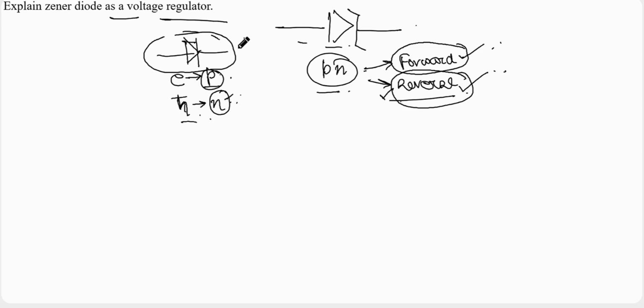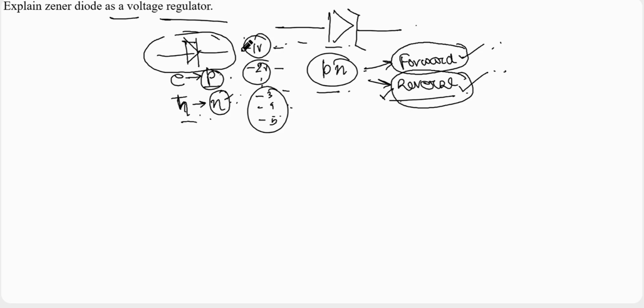So suppose for -1 volt we get a certain amount of current; for -2 volt, the amount of current will be the same. Same for -3, -4, -5, like this. So even when we are increasing the reverse bias voltage, the amount of current we are getting at the output is the same.